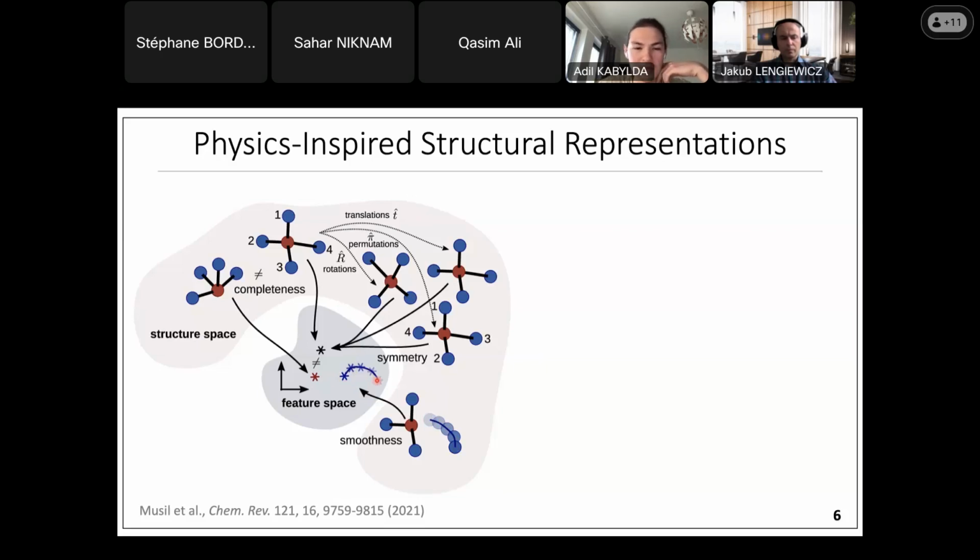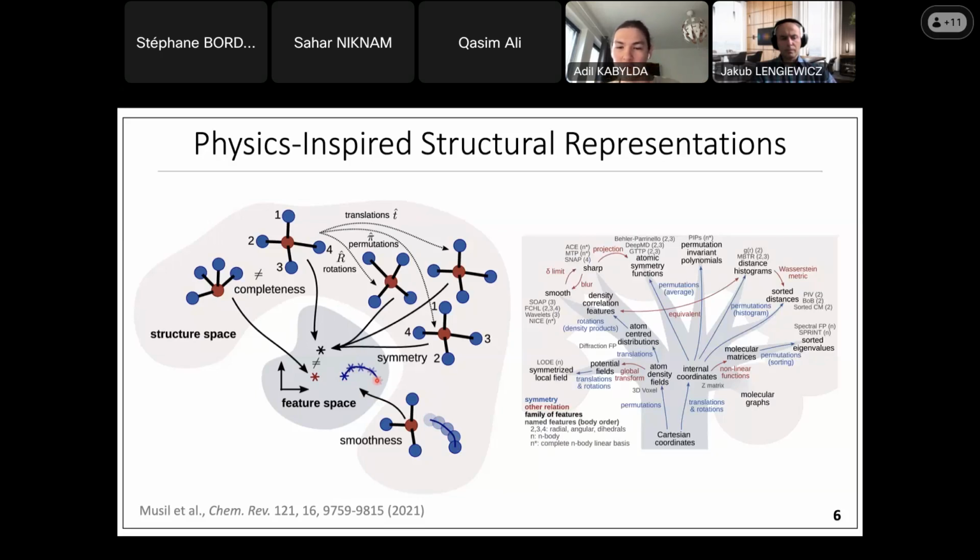Because if you have some roughness, it's always hard. And depending on how exactly you impose those symmetries, there is a whole hierarchy, a whole tree of different representations.